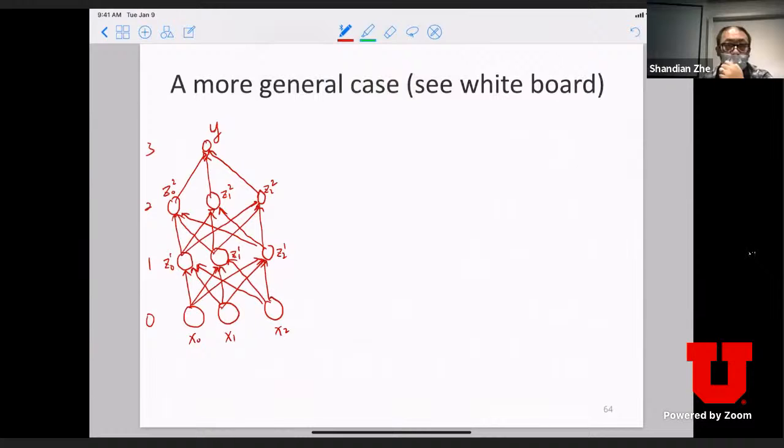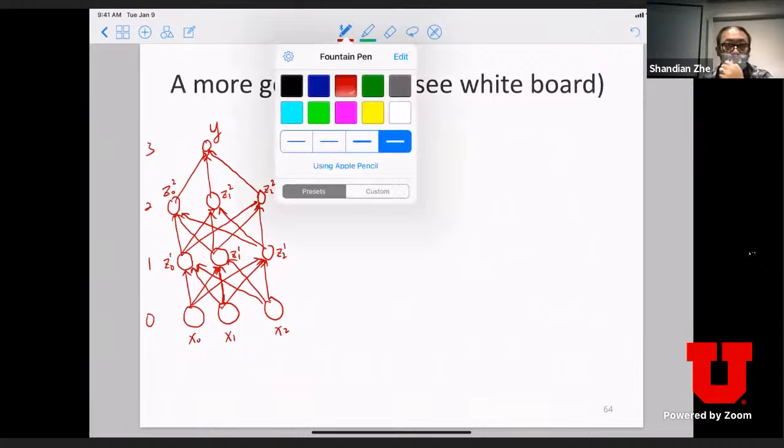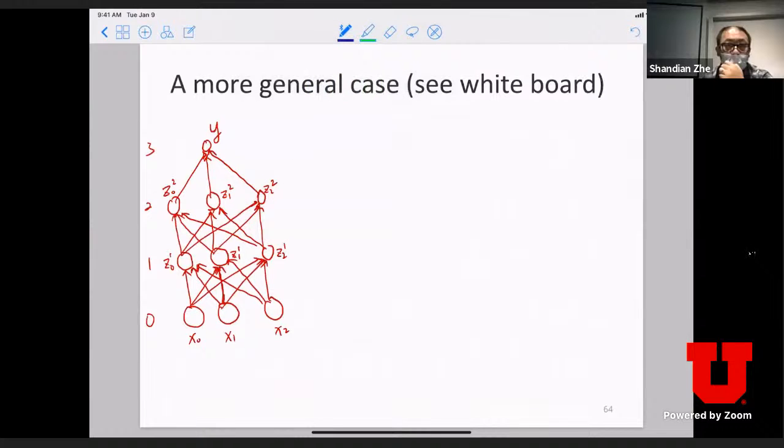Now suppose we want to compute the partial derivative with respect to some specific edge weight here. It's on the edge which connects x1 in the input layer and z11 in layer 1. According to our notation, the weight here is denoted by W111.